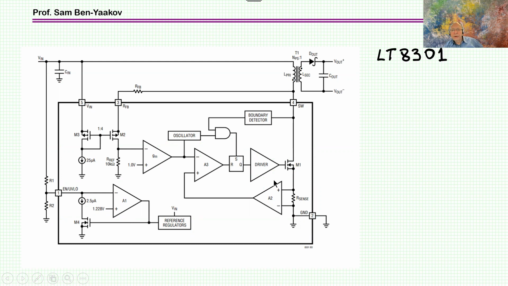And here is an example, which I'm just showing for reference, of a modern peak current mode controller. This is the LT8301 of Analog Devices, actually Linear Technology originally.